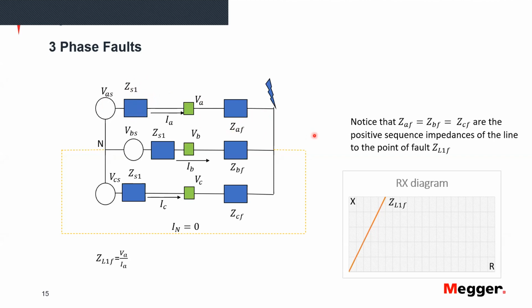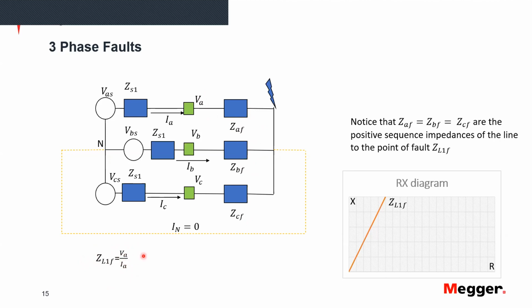So the one thing that we have to notice about three-phase faults is that they are very, very easy to calculate. We can consider that the impedance to the fault of each of the phases is the same. They will therefore form a balanced system, and then the current here is very easy to calculate. It would be the voltage divided by the impedance of the phase, and therefore the impedance to the fault of the line equals directly the voltage divided by the current.